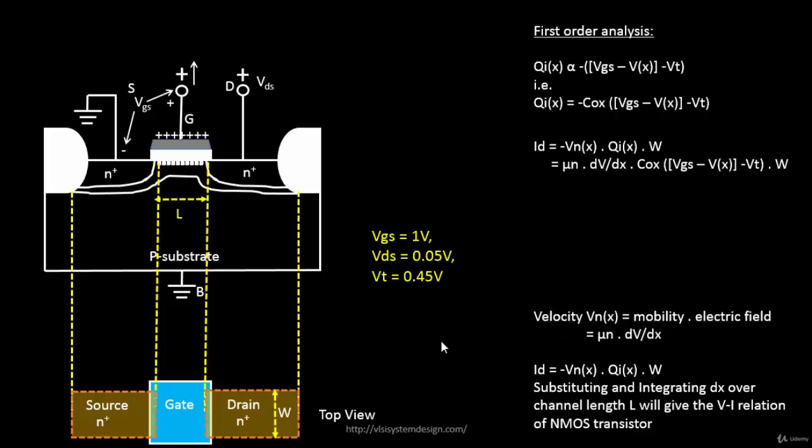So this is where we substituted. We have Vn of x, Qi of x into W, because it has to be done over the complete channel width. So Vn of x is mu n. It's basically a pure substitution and integration. Some math, we'll be trying to do some math in this particular video.